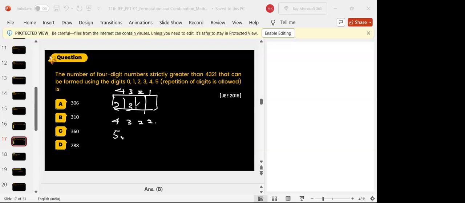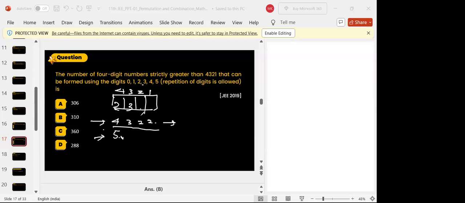Here we have, because we can use 3 once again. Even when we use 3, above 403. That is 2 cases exist, with 4 and with 5.